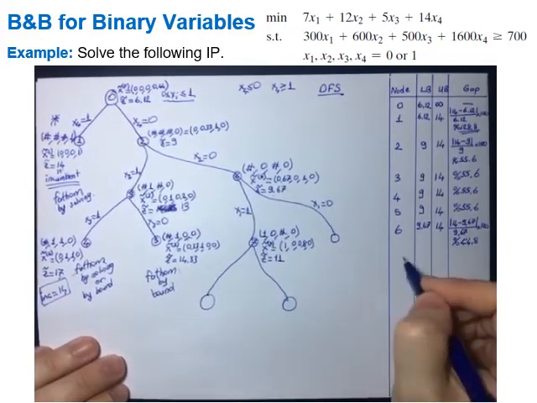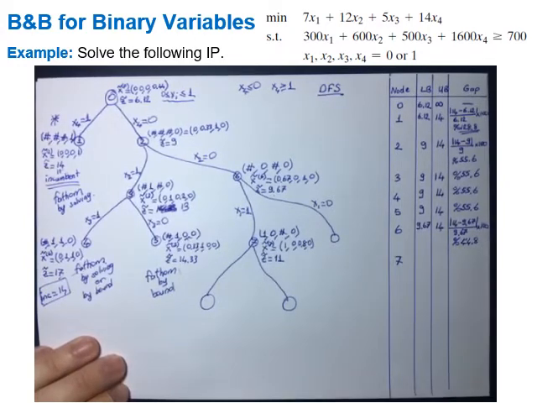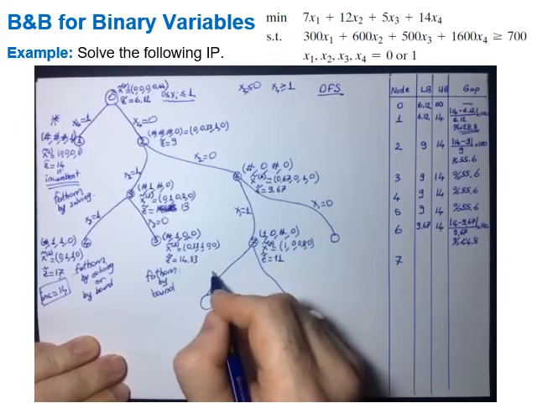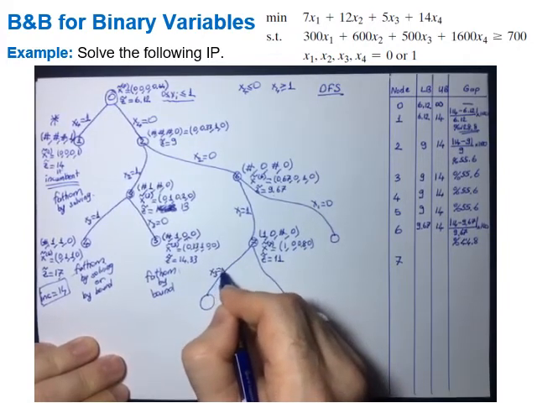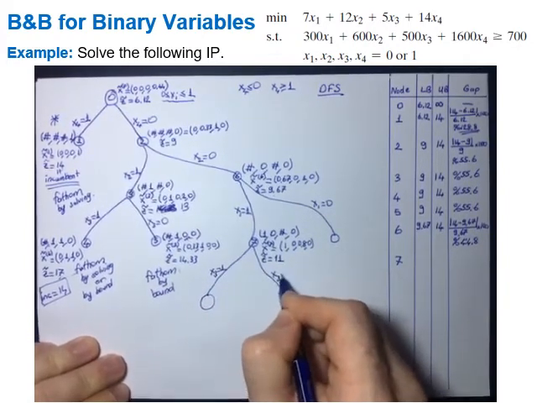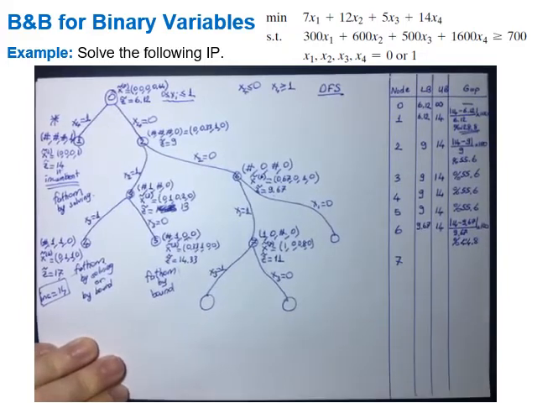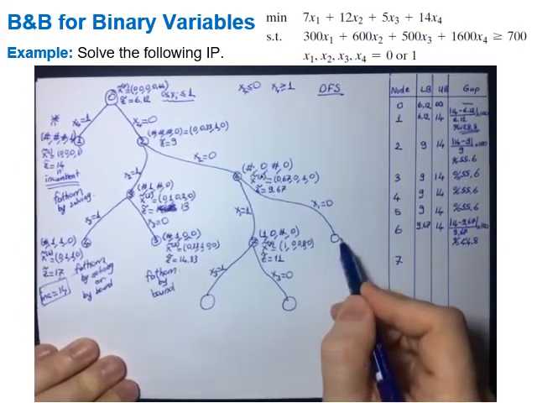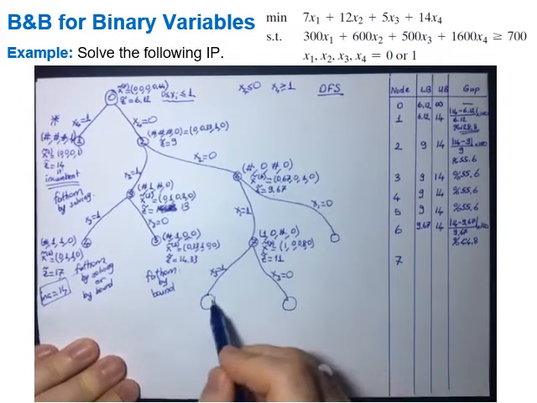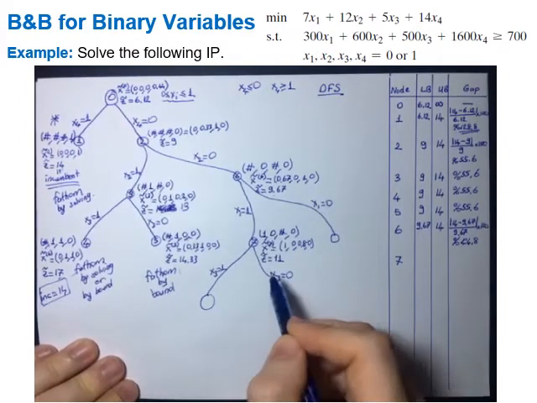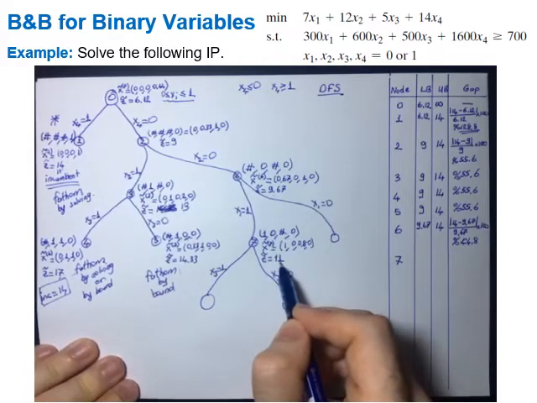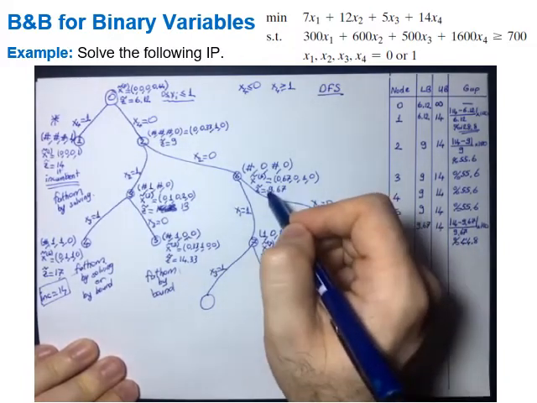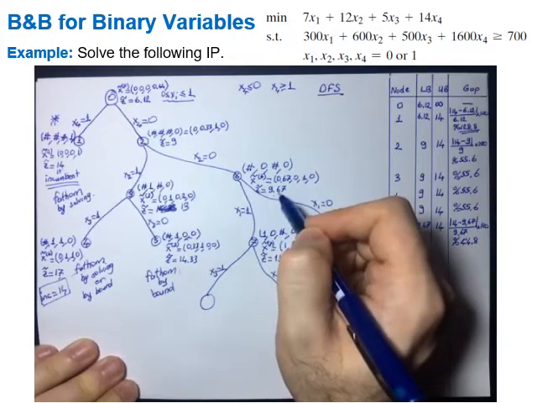Let's write what happens in node 7. Of course, which variable am I fixing here? x3 is equal to 1 and x3 equals 0. What is the lower bound? The lower bound comes from the open nodes. The parent node of these two is this one with an objective function value of 11, and the parent of this one is 9.67.